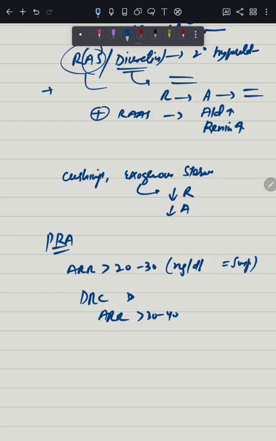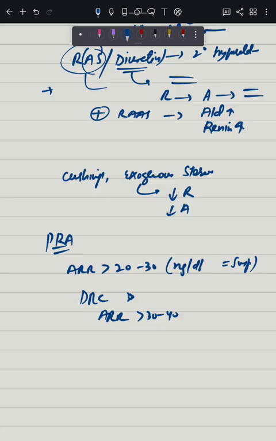So always remember, the absolute aldosterone level must be elevated, usually greater than 10 nanograms per deciliter or greater than 280 picomoles per liter. Otherwise, a high ARR alone is meaningless. As I said, it's meaningless if there is a high ARR alone. So the absolute aldosterone level must be elevated.